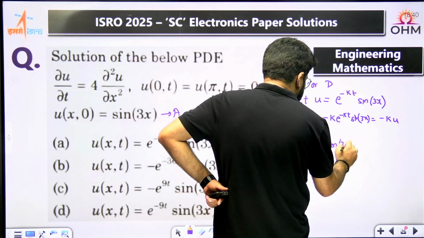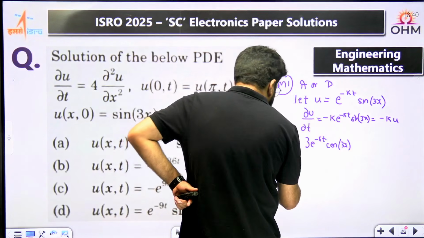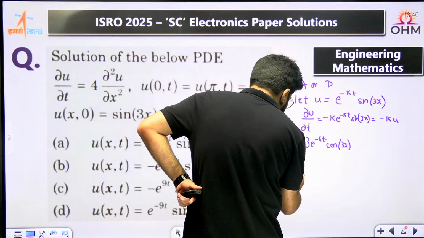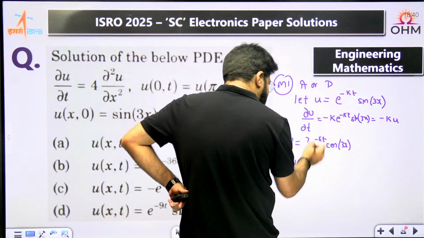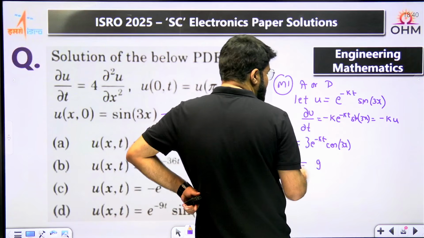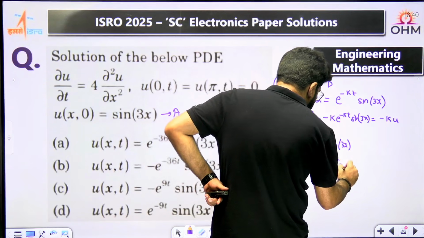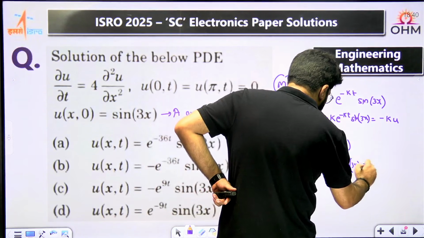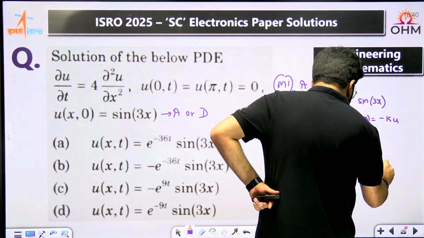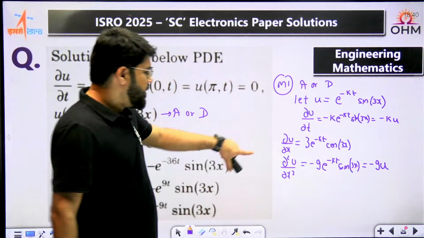Because of the chain rule, the derivative of 3x, 3, is written here. Now the double derivative del 2u by del x square: again because of the chain rule, another 3 will come, so 9, but the cos derivative has a minus sign. So minus 9 e power minus kt sine 3x. Now this becomes minus 9u.